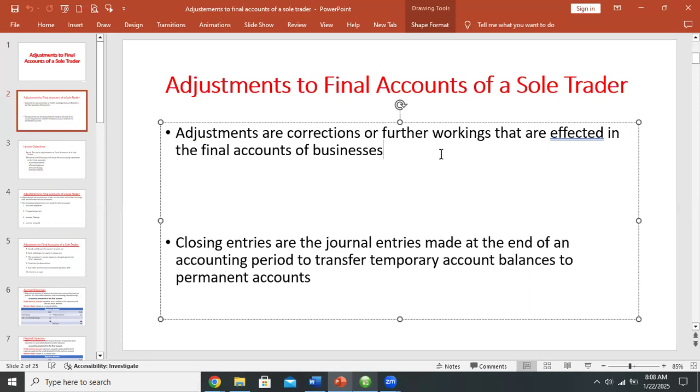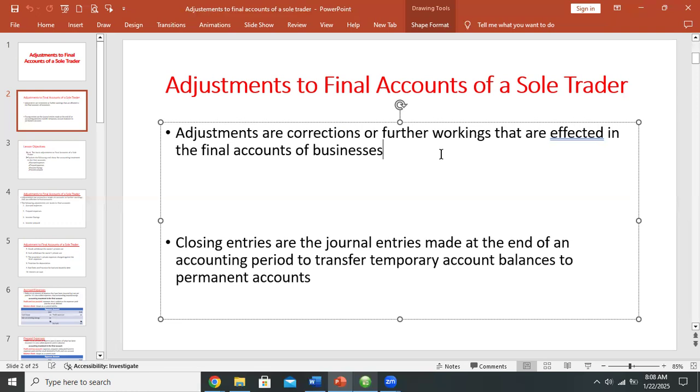And I think it's clear that corrections or further workings are things we have to do to ensure that we provide accurate financial statements for users of accounting.